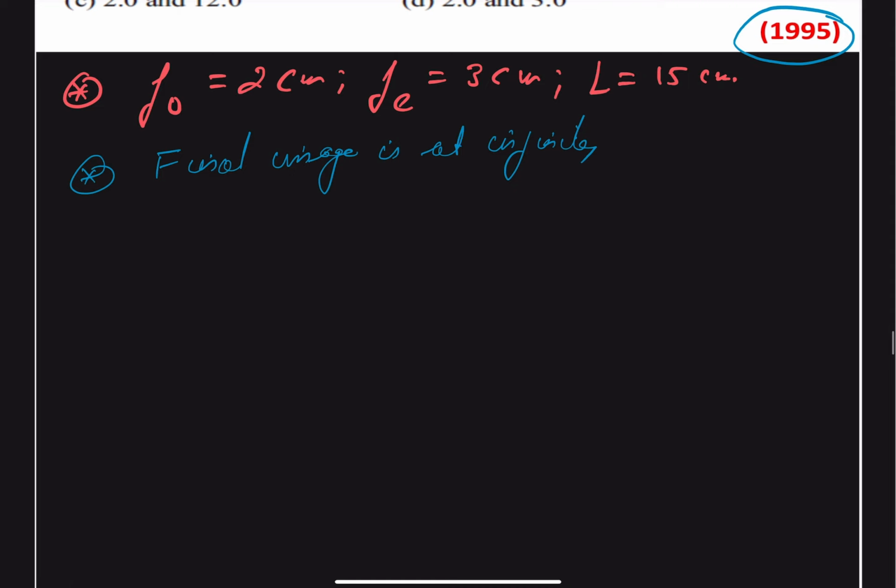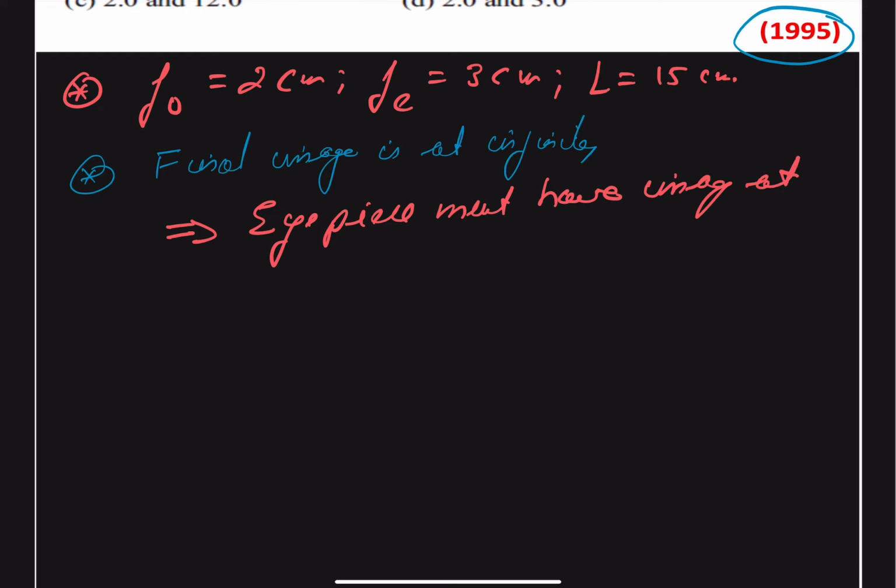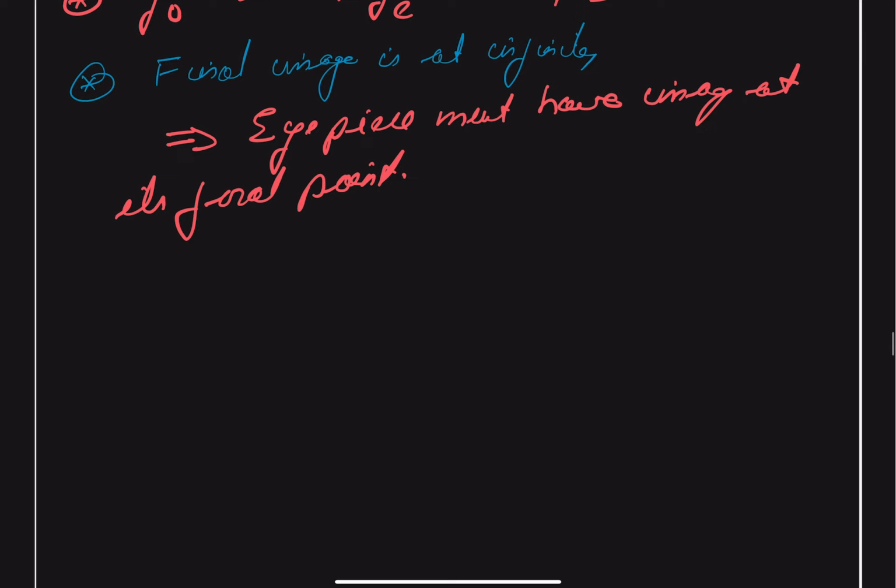So therefore, we can draw a conclusion that the eyepiece must have image at its focal point. So let us start from this eyepiece condition only.